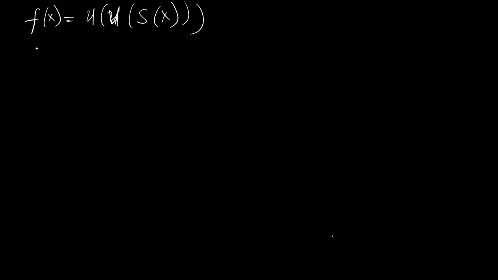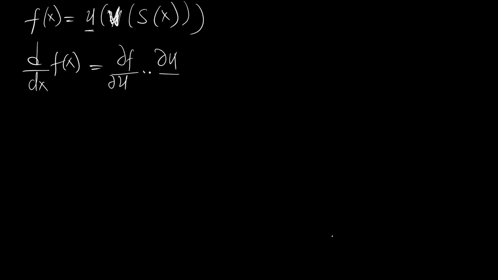So if you want to find the derivative of this function with respect to x, you first find the derivative of f with respect to u, times the derivative of u with respect to v, times the derivative of v with respect to x.